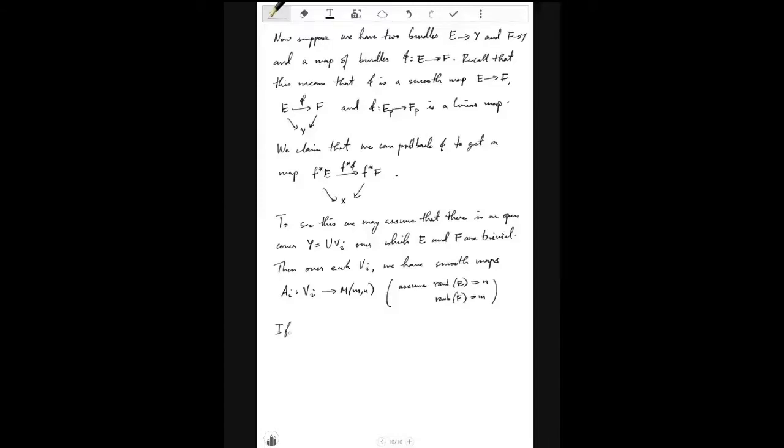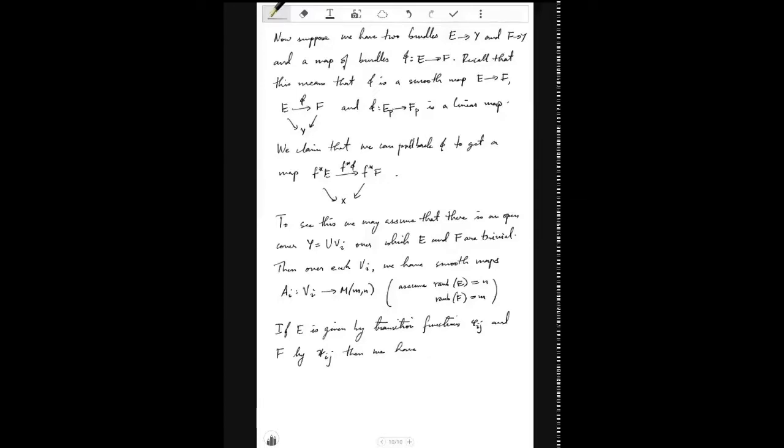So if E is given by transition functions phi_ij and F by transition functions psi_ij, then for y in V_i intersection V_j, the A_i's and A_j's should satisfy this intertwining condition: phi_ij(y) is equal to psi_ij(y) composed with A_ij(y).